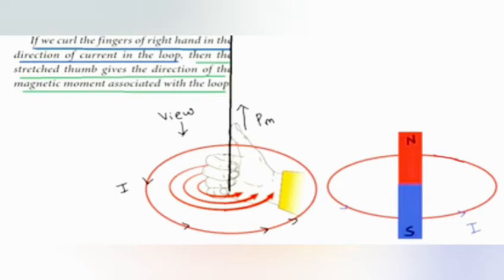If you see the diagram, the current is passing in the anti-clockwise direction when we see from the top view. So when we see from the top, the current is passing in the anti-clockwise direction. Therefore, the nearer end is known as the north pole and the farther end is known as the south pole.